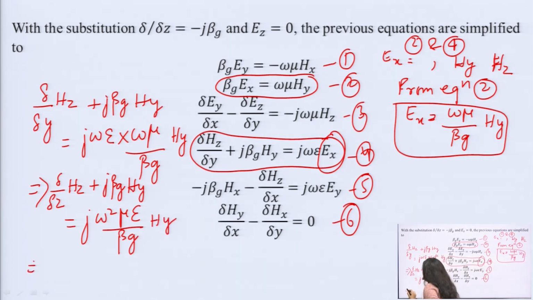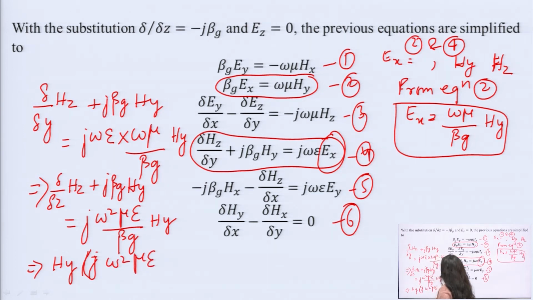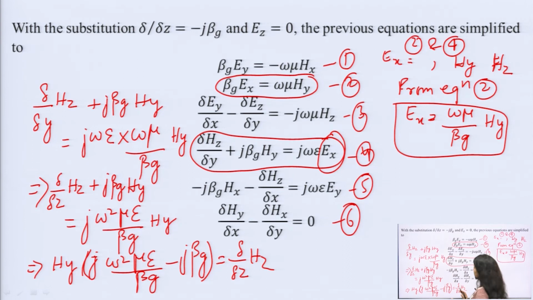Now, if we take Hy common, this will be j omega square mu epsilon upon beta g minus j beta g, multiplied by Hy, is equal to del upon del z Hz. I am doing nothing, just replacing the value.